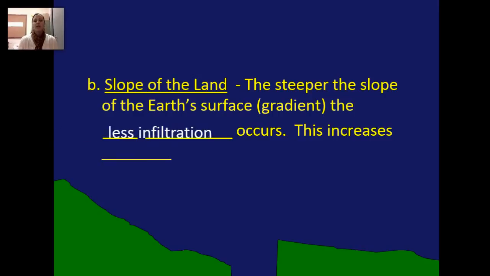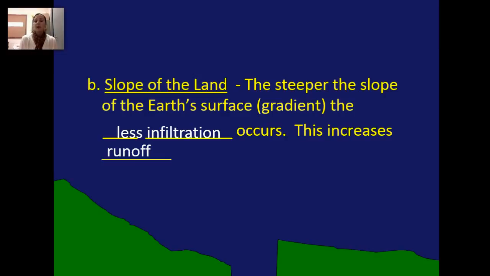Also, the slope of the land is going to affect whether or not water will infiltrate or run off. The steeper the slope on the Earth's surface, or the gradient, the less infiltration occurs, which makes sense. Water runs off of it if it's at a slope, and gravity is going to be pulling down on that water to make it go along the surface.